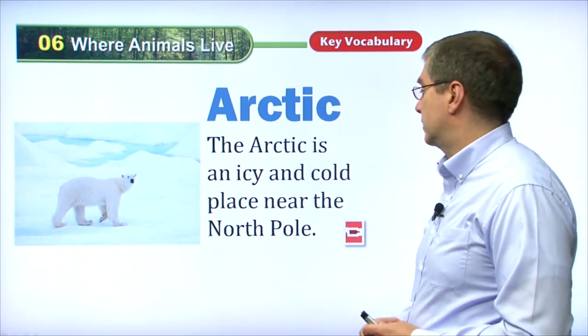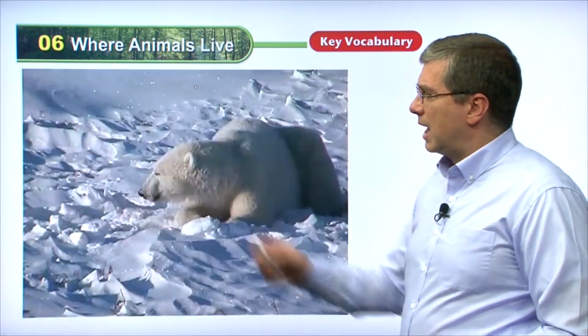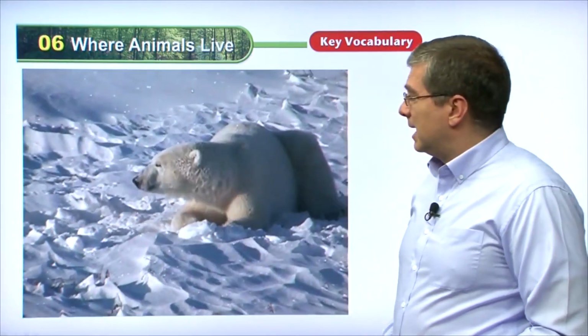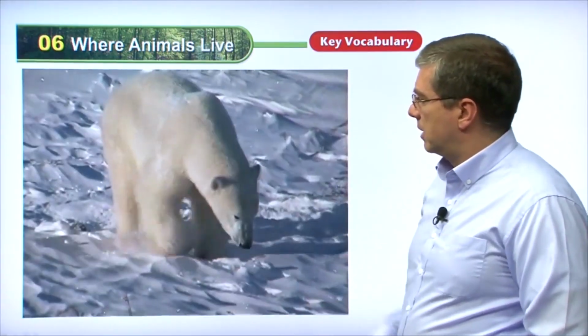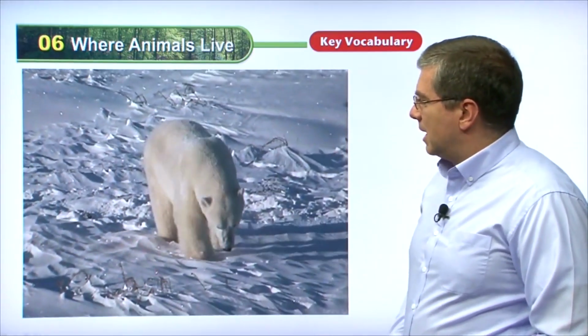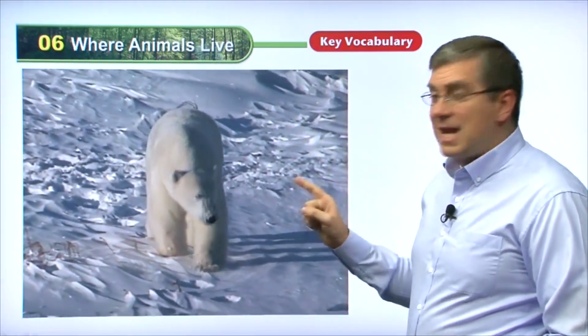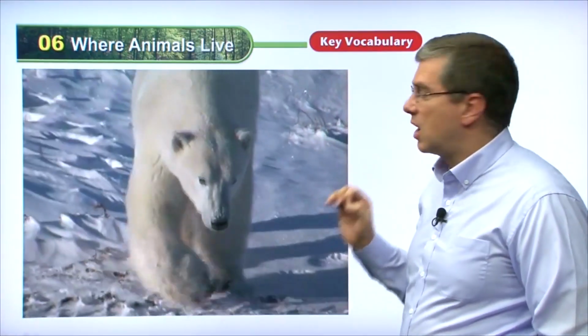Okay, so that's very interesting. If we take a look, it's very cold up there. Can you imagine what life is like for the polar bear there? Does he look cold? He doesn't look that cold. Actually, he's kind of big, right? Polar bears are big animals. But look at the fur on that polar bear. He has a really big coat, a really thick fur of hair.